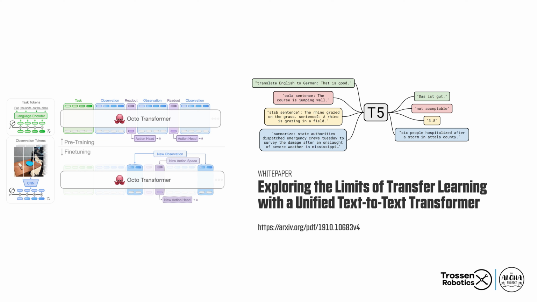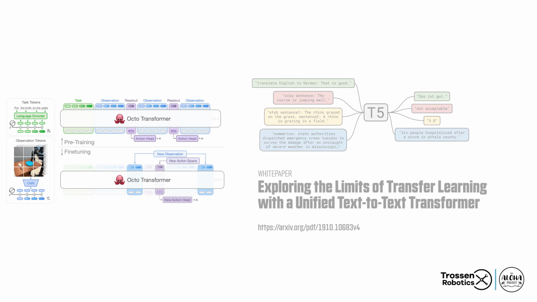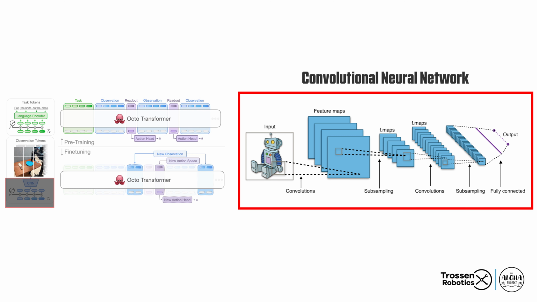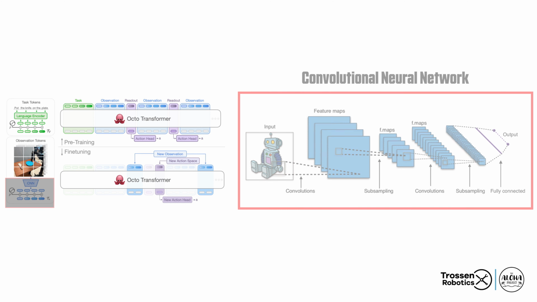These embeddings are compact numerical representations that capture the essence of the language input. For visual data, like images, Octo uses a shallow convolutional neural network to break down the images into smaller, flattened patches, which are then tokenized for the transformer to handle.